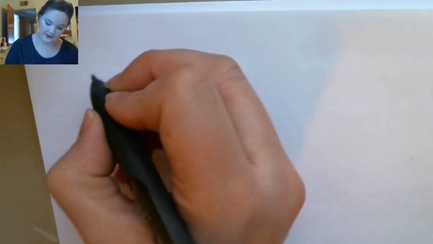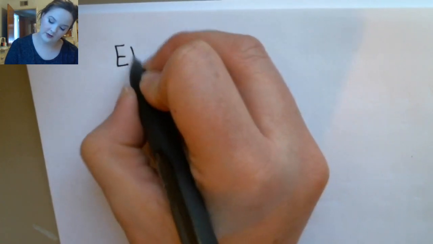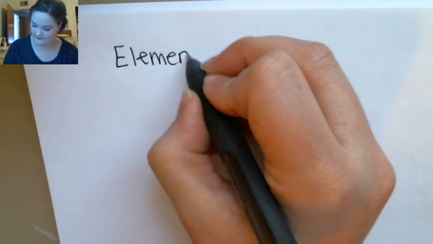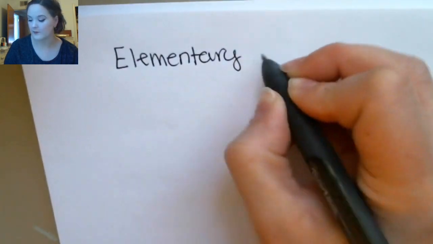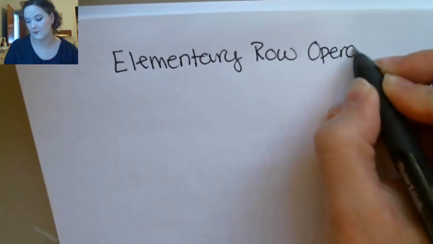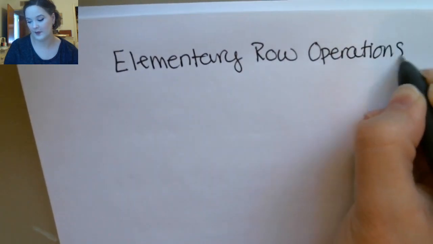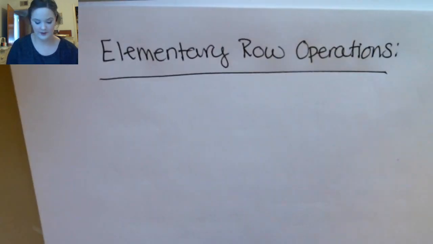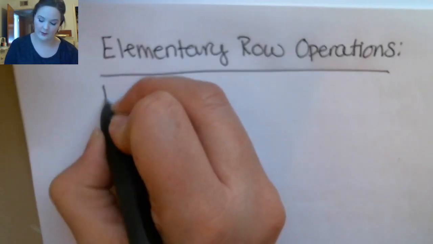So let's talk about what row operations are. There's really only 3 row operations.